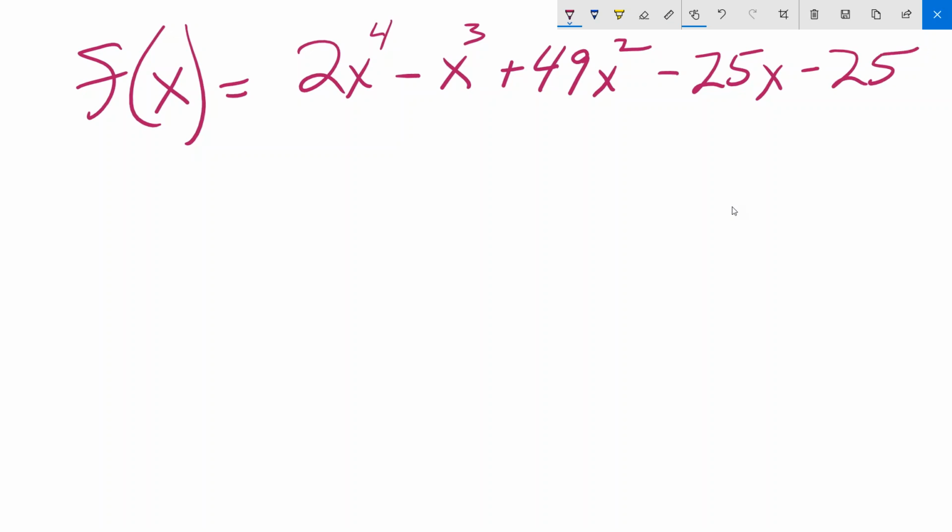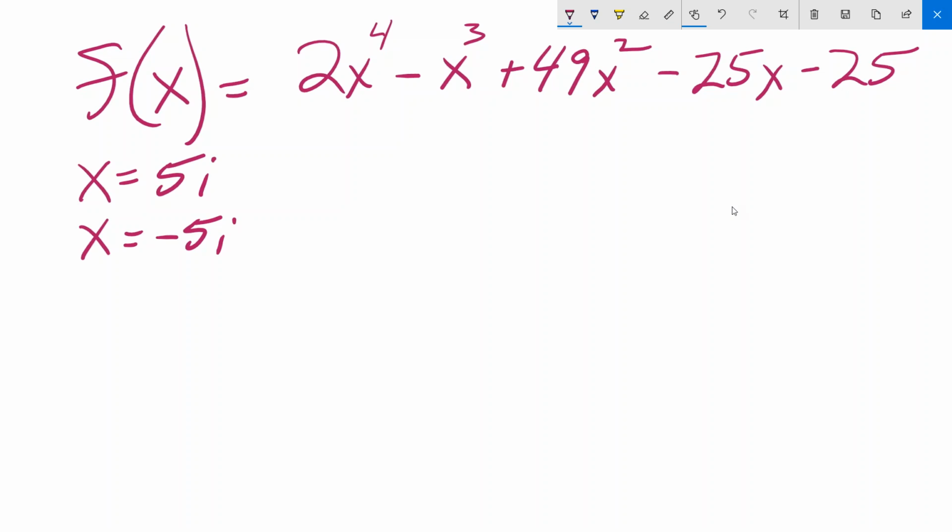Basically, one of the zeros is given, which is 5i, so now I know that there are two zeros already given, x plus 5i and x minus 5i, right? Yes. Imaginary solutions always come in pairs. But now I need to find the other two zeros, right?